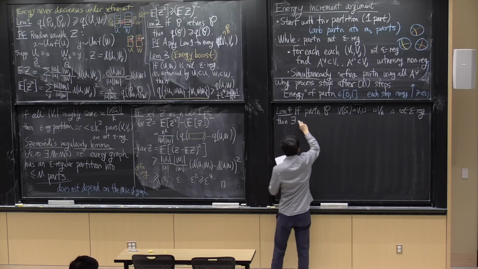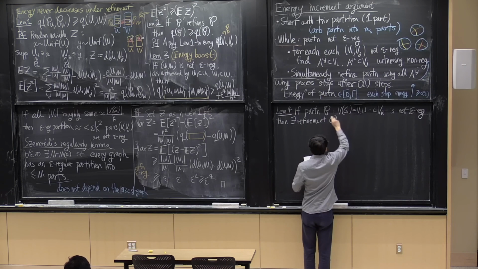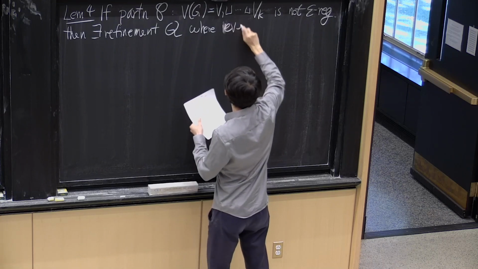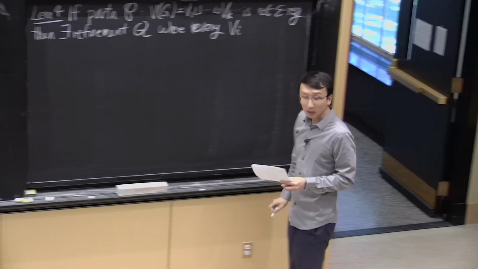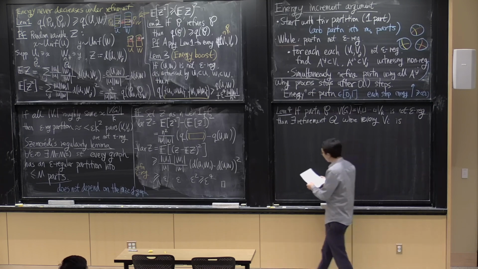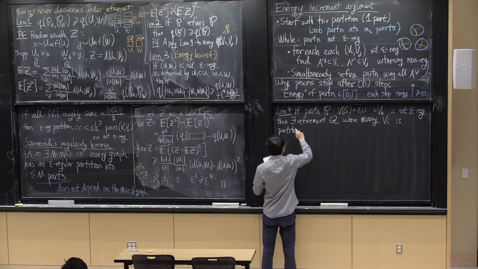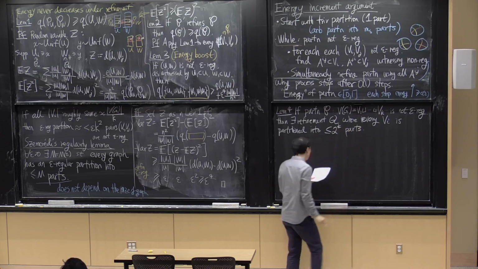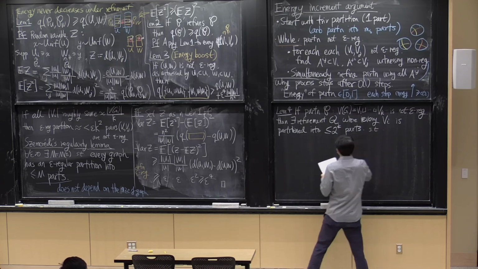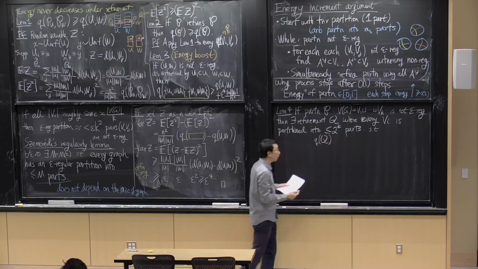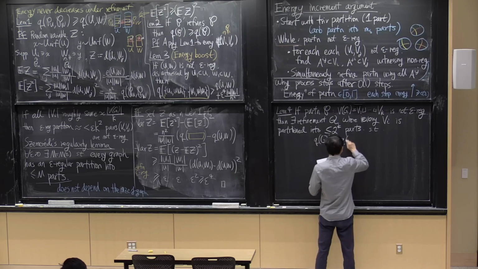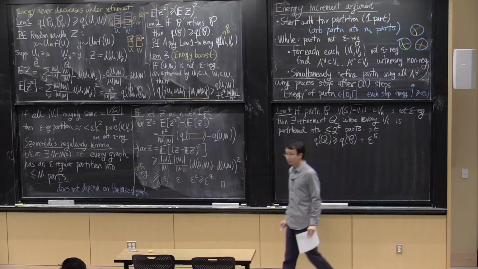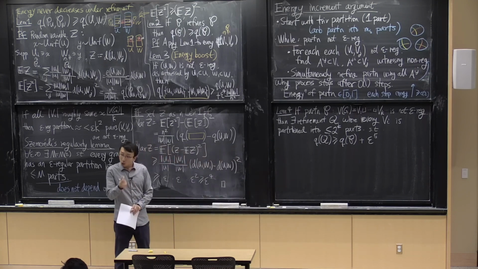then there exists a refinement, which we'll call Q, where every part V sub i is partitioned further into at most 2 to the k parts, and such that the energy of the new partition Q increases substantially from the previous partition P. We'll show that you can increase by at least epsilon to the 5th power, some constant in epsilon.